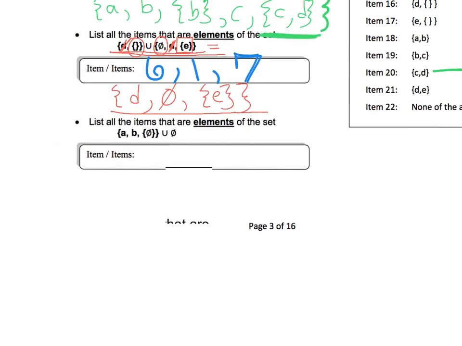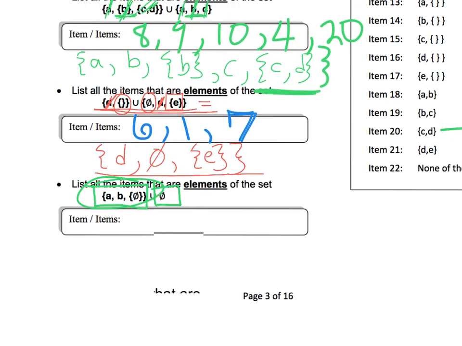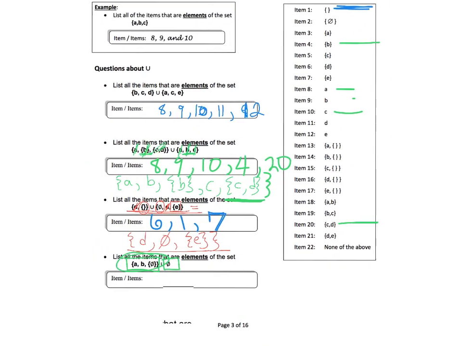And let's do the next one. Well, we're listing all the items that are elements of the set, and we look at this and say, that's interesting. I'm taking the union of a set with the empty set, and of course the empty set doesn't have anything in it, so all that's in there is the stuff that's in my set. So this isn't bad. I just have an A, a B, and a set containing the empty set.